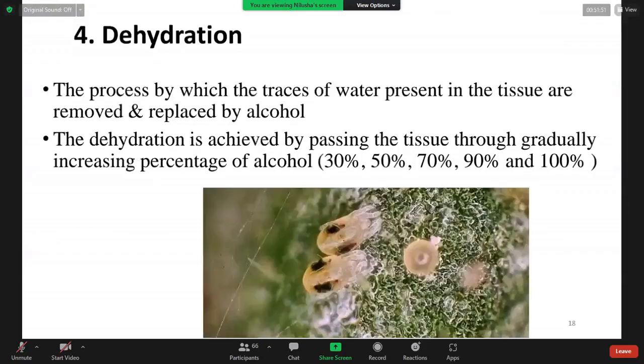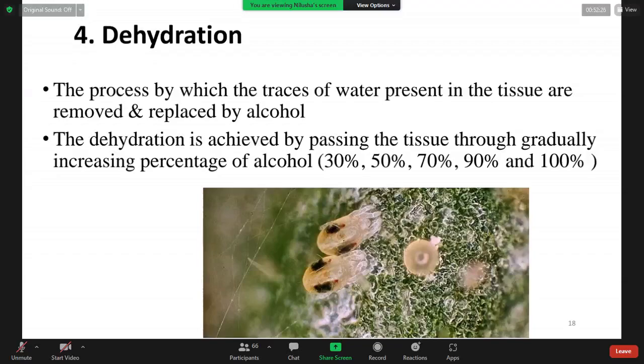Next step is the dehydration. Dehydration means your specimen may have a very small amount of water. Even if we dry the specimen, it may contain some traces of water in the tissues, so we have to remove it and replace it with alcohol.